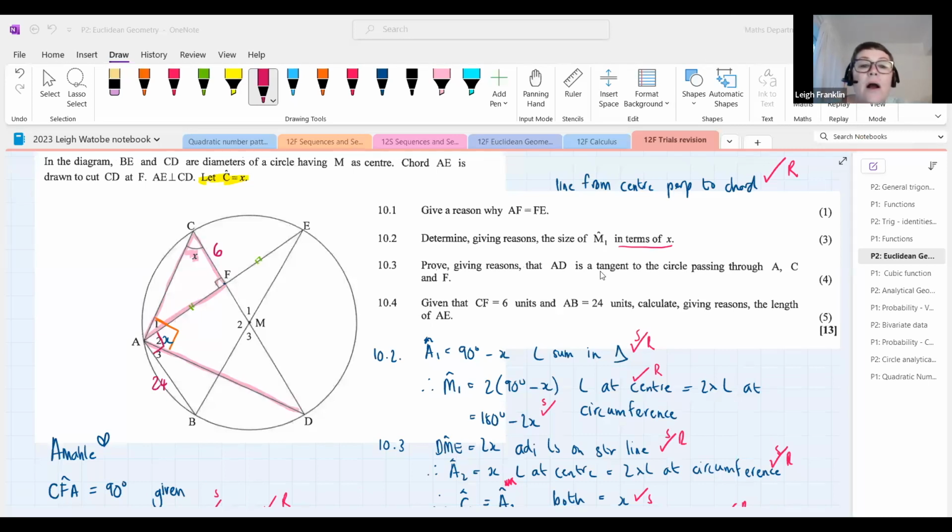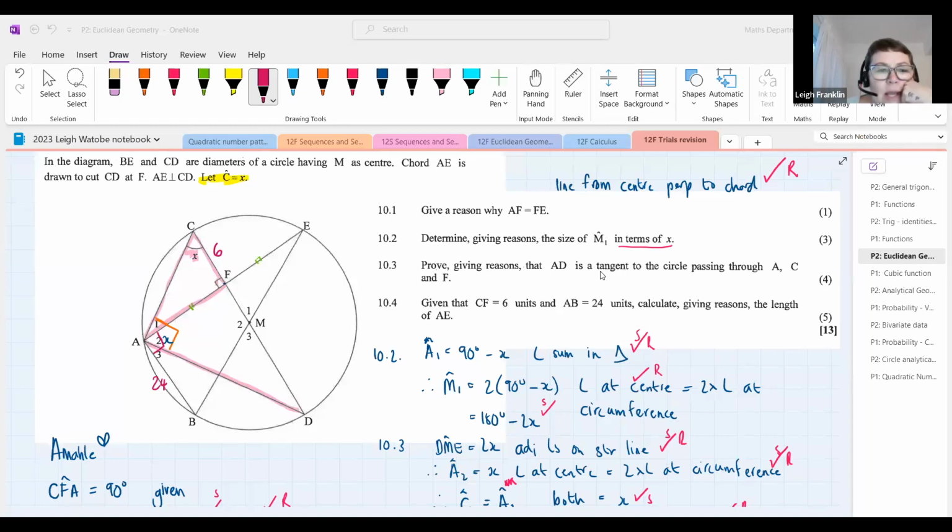Now, Yamkele, you're saying that EM equals MB. Where do you get 18 from? Okay, but where do you get 18 from? I just don't understand.